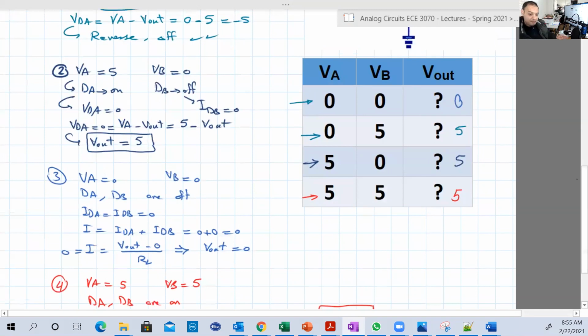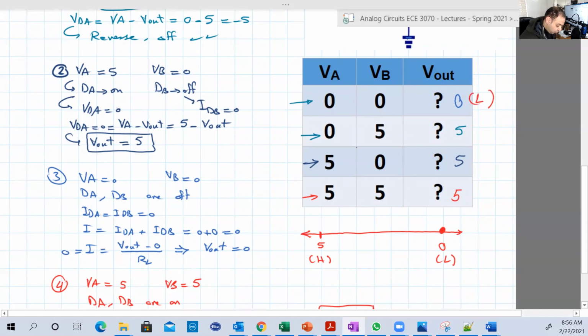Let's now look. Okay, let's draw a kind of axis. Here is the 5 volt, which is the high voltage. Here is a 0 volt, which is the low voltage. So basically, when we have 0, 0, we have 0 here. So it's basically low.